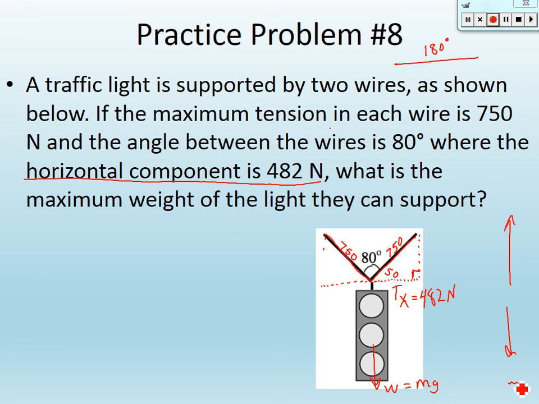That same number, because this light is not moving up and down, it's at rest. So whatever the total force up is, that's going to be your total force down. And so we really need to find this component of tension, Ty. Okay? So let's solve for Ty using trigonometry. I want you to write this down. So, CAH, TOA.